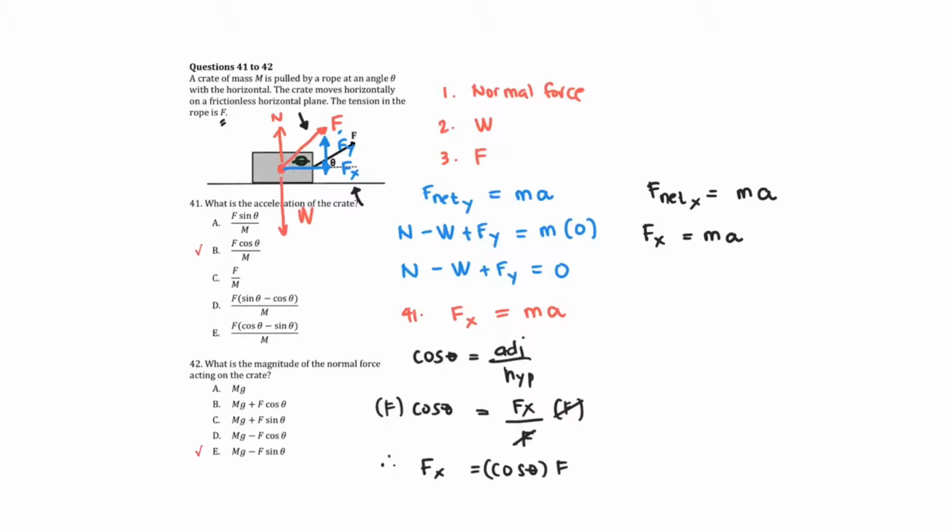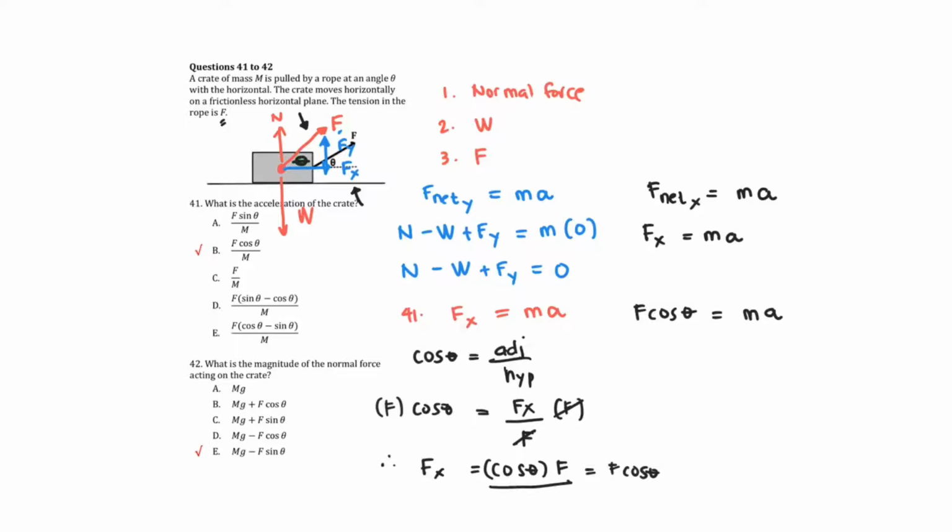Now, having said that, we could substitute our Fx, which is cosine theta F, into the original equation, so that instead of Fx, I'm going to write F cosine theta. Again, they are actually the same. F cosine theta is equal to the mass of the object, or mass of the crate, multiplied by the acceleration.